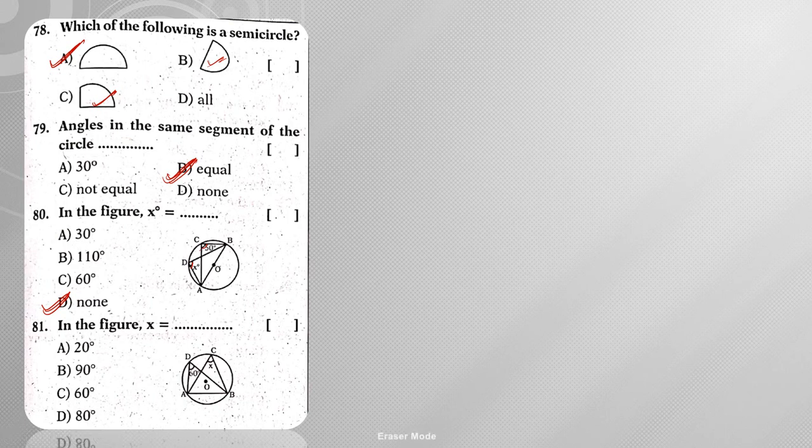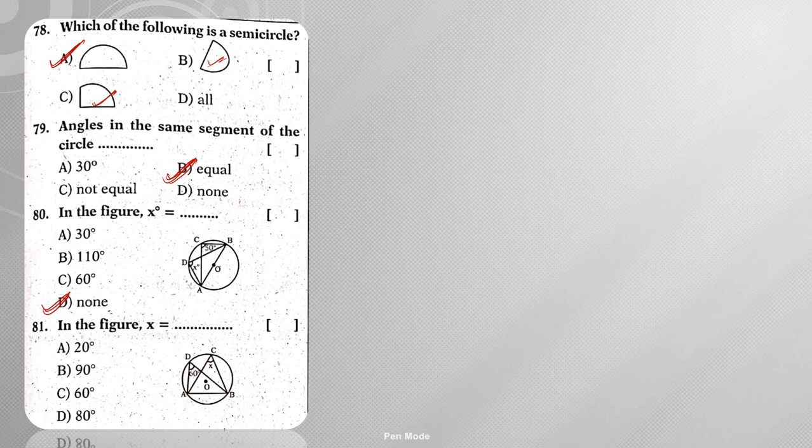Suppose if AB is the diameter, then this angle will be 90 degrees, then this X also will be 90 degrees. That has to be given clearly. So based on these types of figures, we are going to get questions in the examinations. Okay, next in the figure X is equal to, so clearly you can see that this is AB.